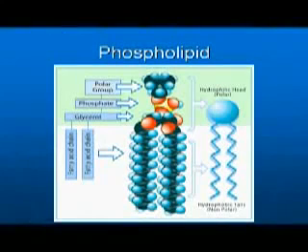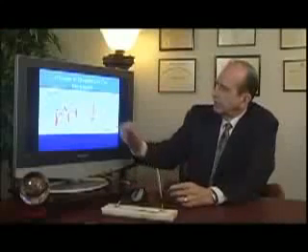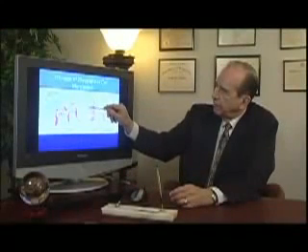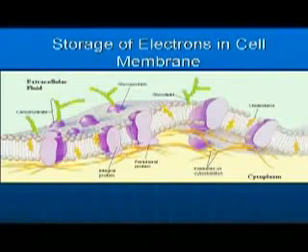Now, in our bodies, we use these fats called phospholipids to make our cell membranes and store our voltage. This particular kind of fat has a little ball on the top and has these two little legs hanging down like this. The ball is an electron conductor, and these little legs are insulators. So our cell membranes are made up of opposing pairs of these. Here you see the ball with two little legs, and here's a ball with two little legs.